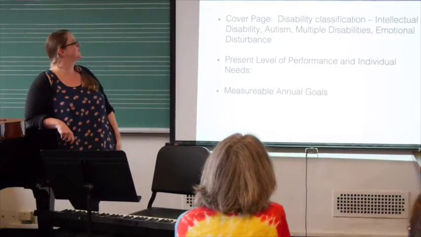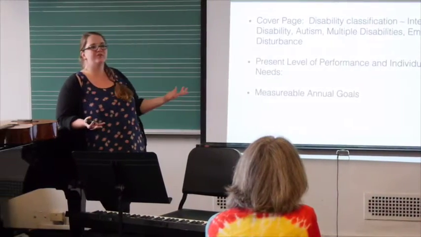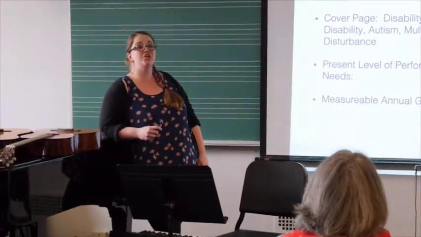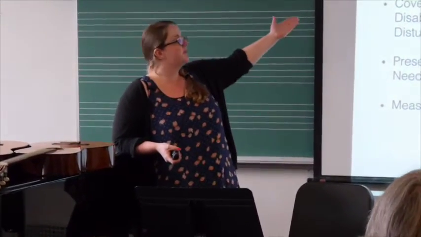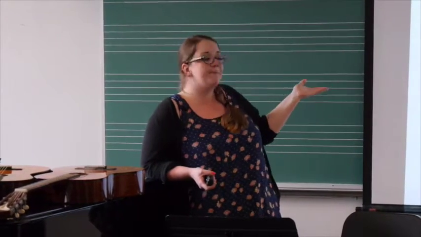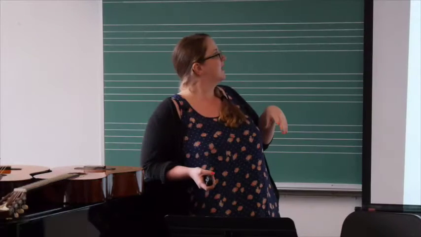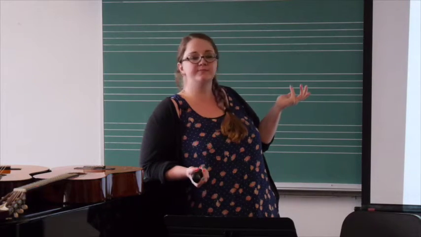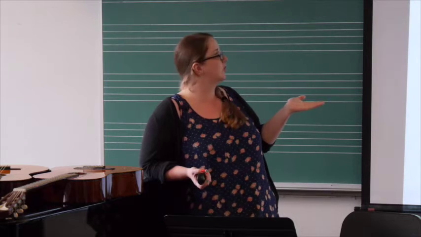All right, so what to look for in an IEP? I mean, most of us know it, but when I first started teaching, I had no idea. So the cover page tells you the disability classification. The next things that I would say are the most important are the PLOP, or the present level of performance, which tells you where they're at, and then the measurable annual goals.